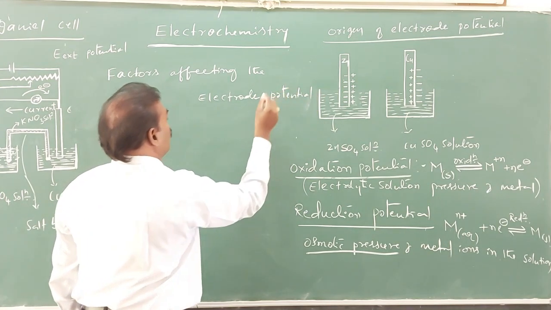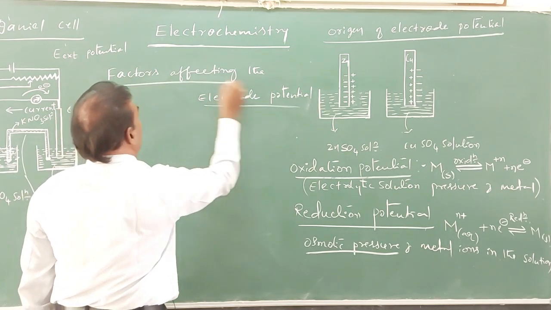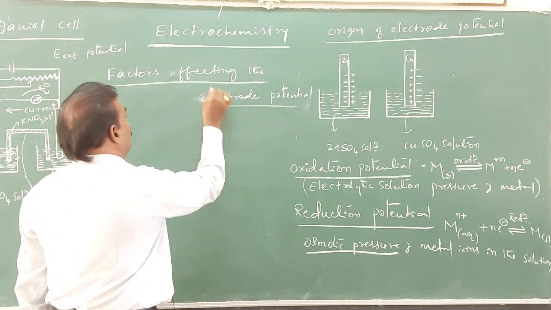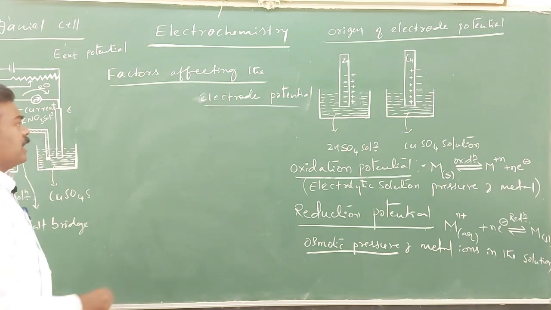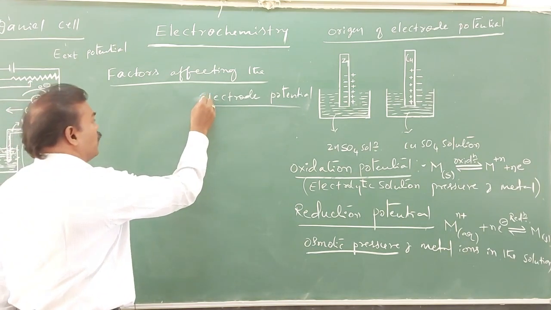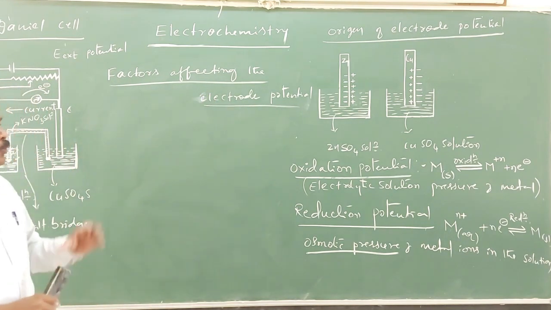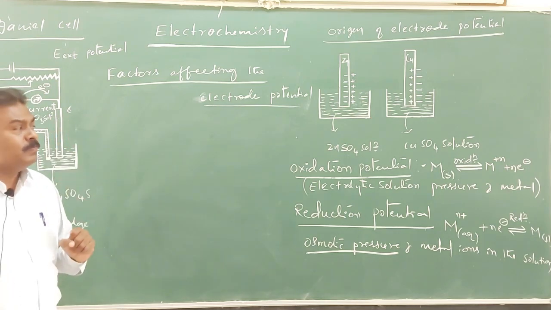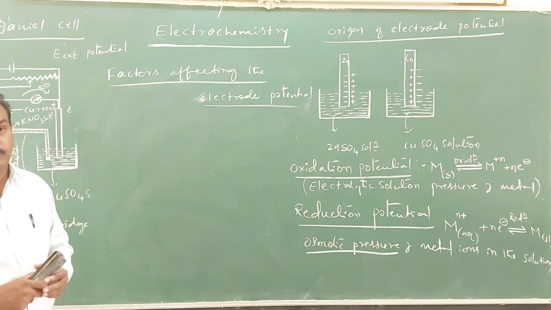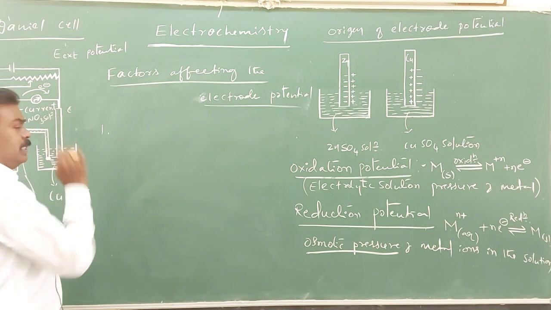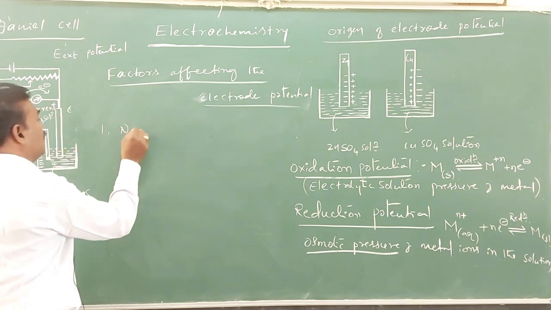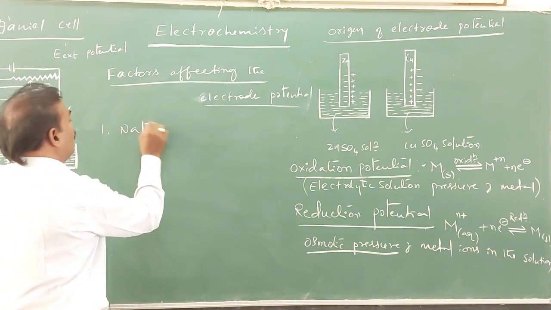What are the factors affecting electrode potential? Electrode potential depends on some factors. The first one depends on the nature of the metal.